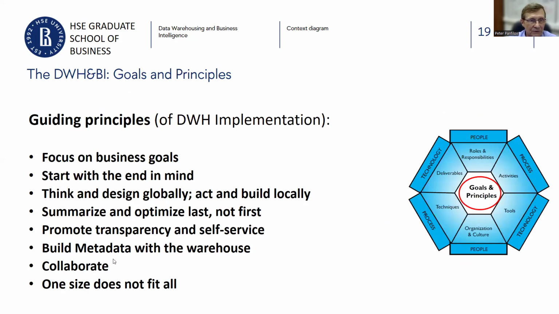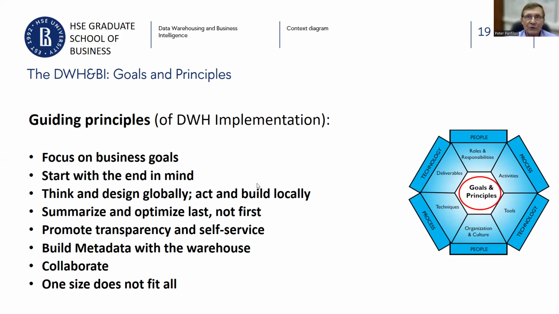Okay, so this is an important guiding principle for building a data warehouse. There are some other important things like collaboration, because we are building enterprise-wide infrastructure, a data warehouse for all departments, for the whole enterprise. So we need to collaborate in building such a universal infrastructure.